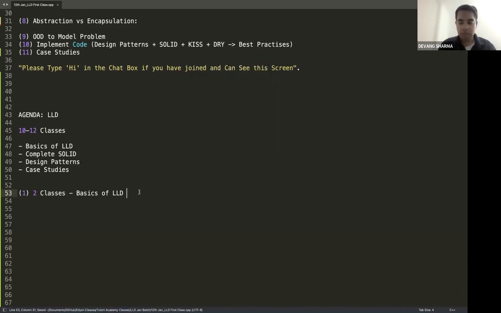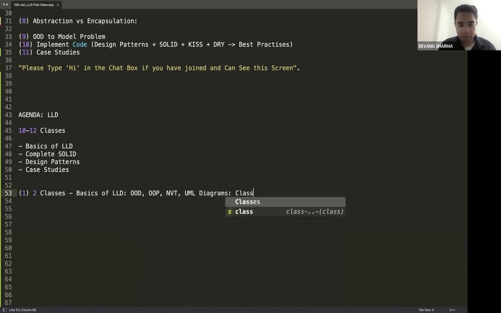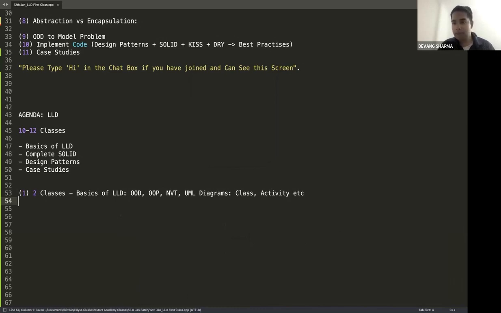So basics of LLD includes object-oriented design, object-oriented programming, NVT technique, UML diagrams, which includes class, activity, etc. That is what I usually cover in the first 2 classes, to build clarity of the basics of low-level design.